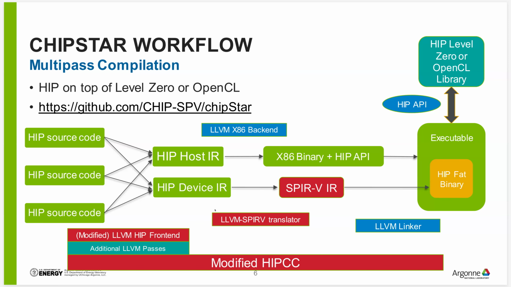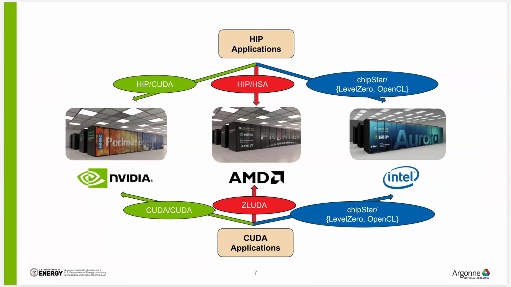But all of this is pretty minimal since we've been upstreaming most of the changes, and when new ones are required, we have a plan to upstream the new changes to the new version of LLVM. And of course, on the top right, we have implemented the HIP APIs on top of Level 0 and OpenCL. So this is how our project transformed the HIP ecosystem from the compiler and library side of things.